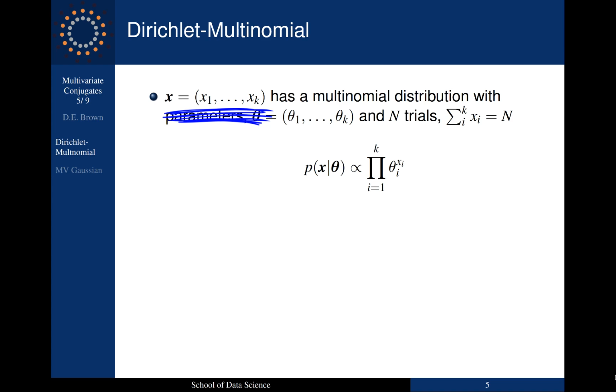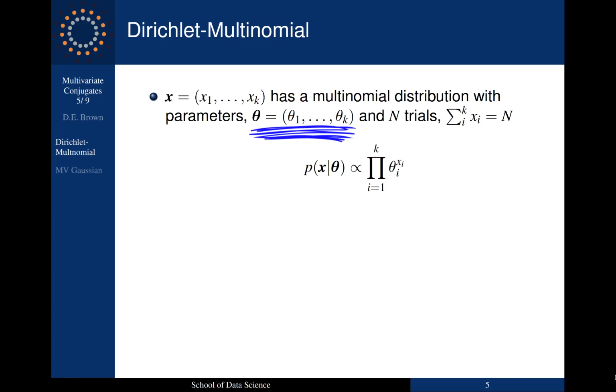We could either deny someone admission, waitlist them, or accept them for admission. So we have 3 categories. And these x's would count the number in each one of those categories for n trials. So x1 could count the number of denies, x2 the number of waitlists, and x3 the number of admissions. And the thetas are the probabilities of those outcomes.